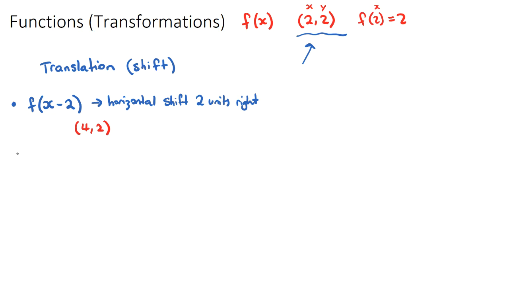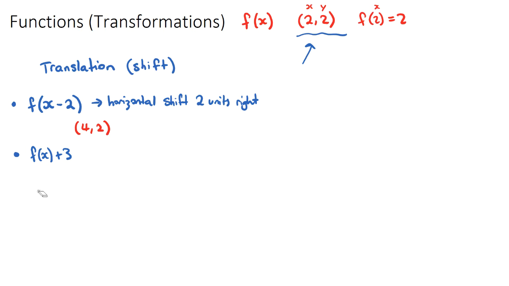Okay, what if we did a vertical shift? This would be f(x), and for example, plus 3. Now notice here that the number that I added or subtracted is now outside of the bracket, and this means that we're actually shifting the y value, because f(x) is actually the same as y. So we're actually adding 3 to the y value.